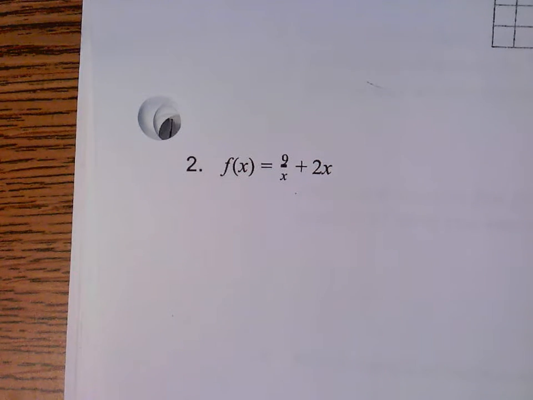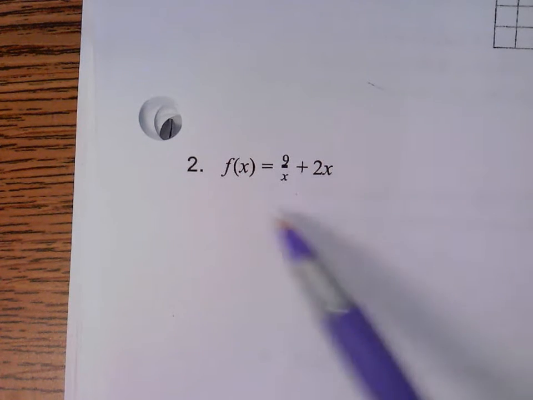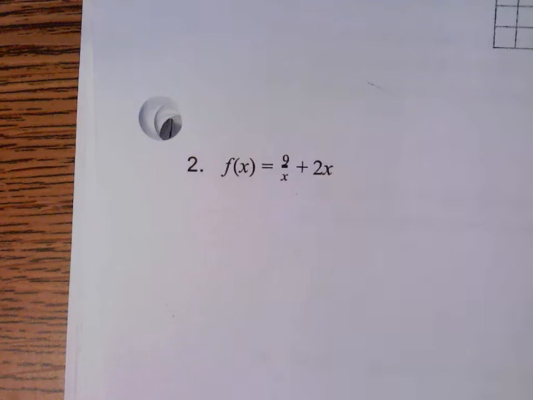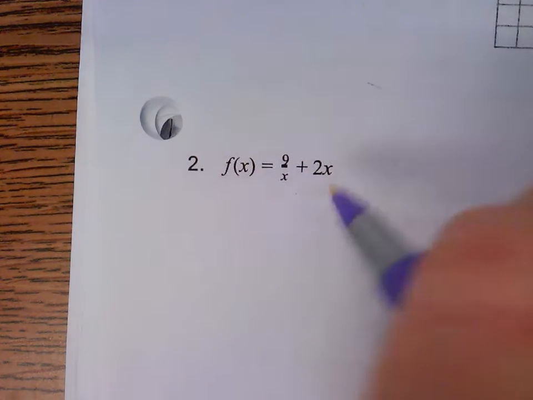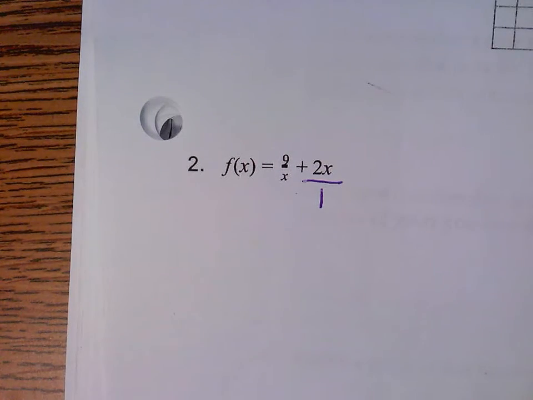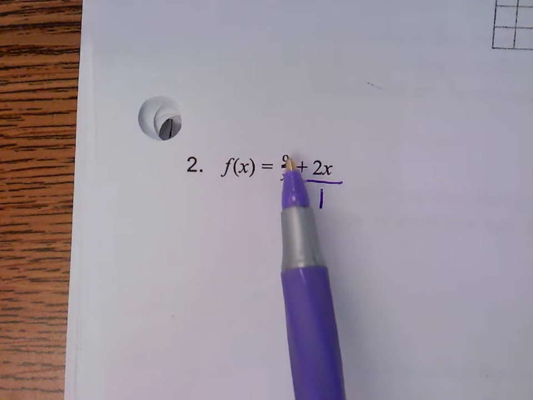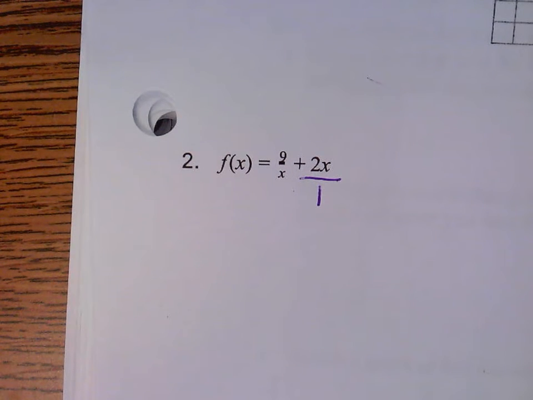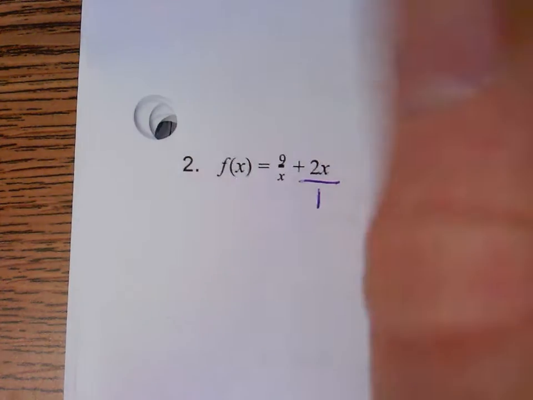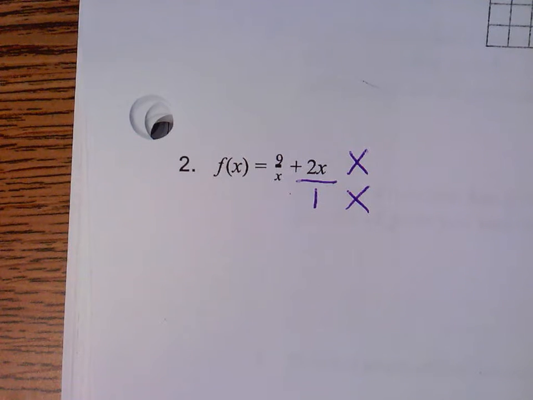I cannot do my rules for rational functions right now because they're two separate things. So if this is currently 2x over 1, and this is currently 9 over x, what's my common denominator going to be? X. So I have to multiply this second fraction by x over x so that I get x in the denominator of each fraction.